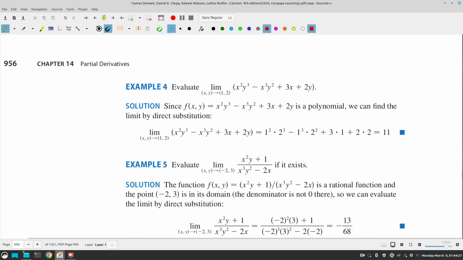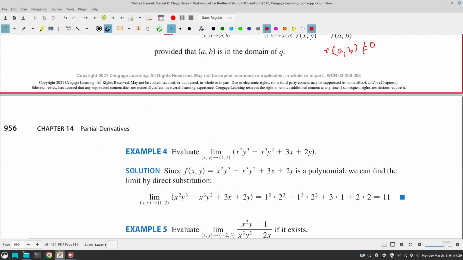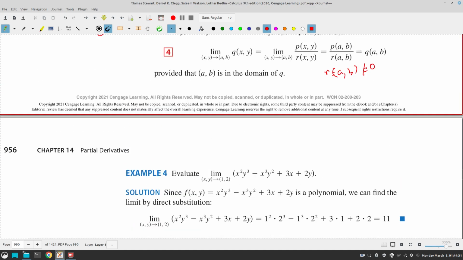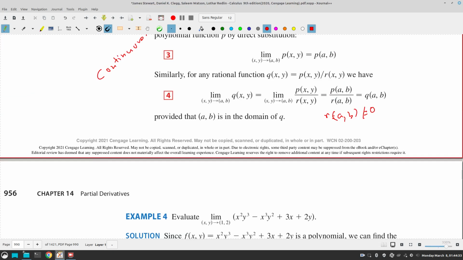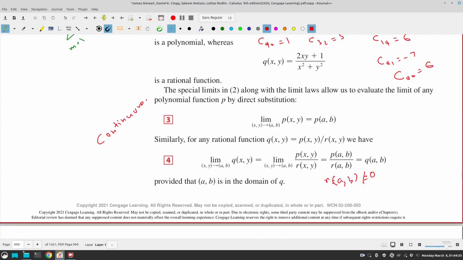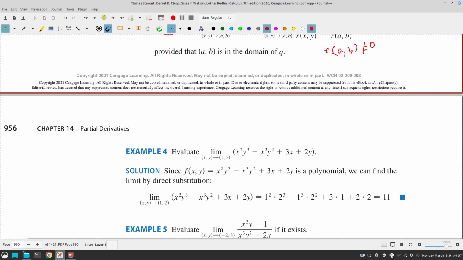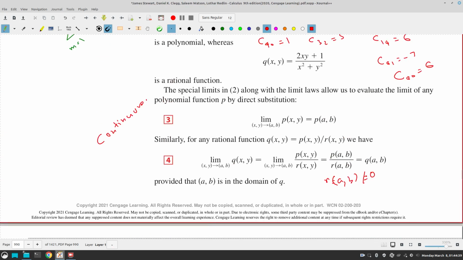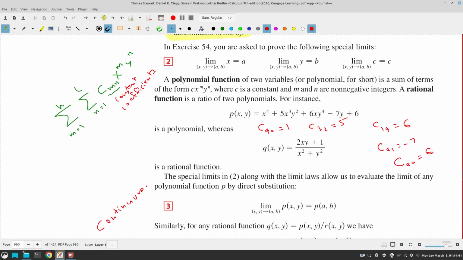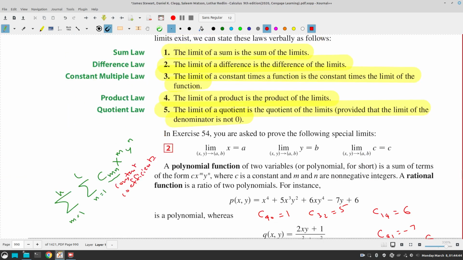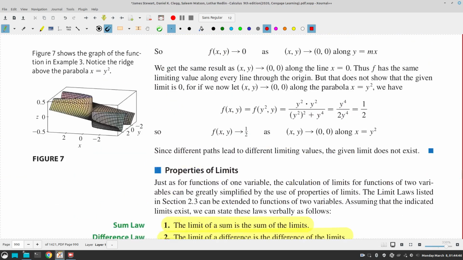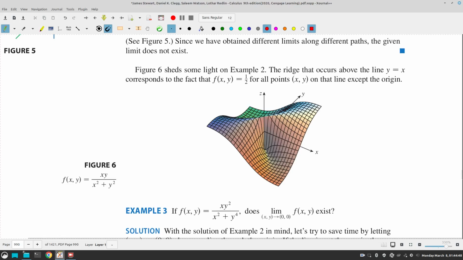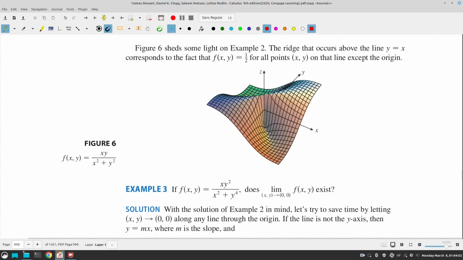So, for example, if I have a limit that looks like this, with x squared y cubed, what's the difference between these rational functions and this one, as x and y go to 0? Why doesn't the limit exist here?